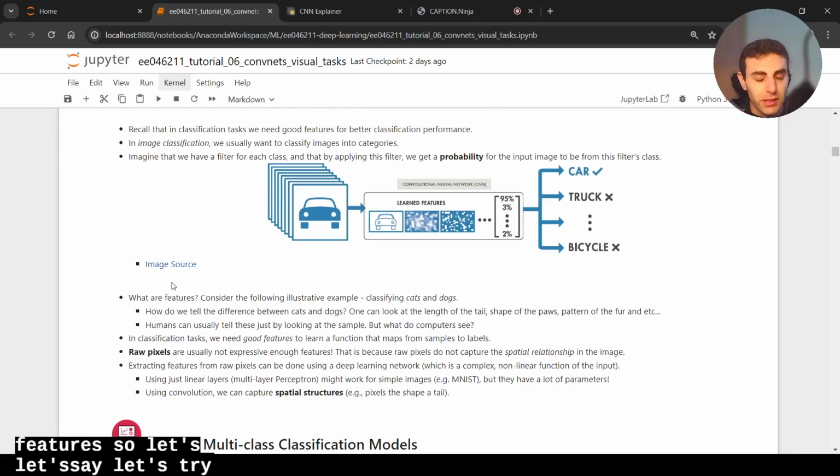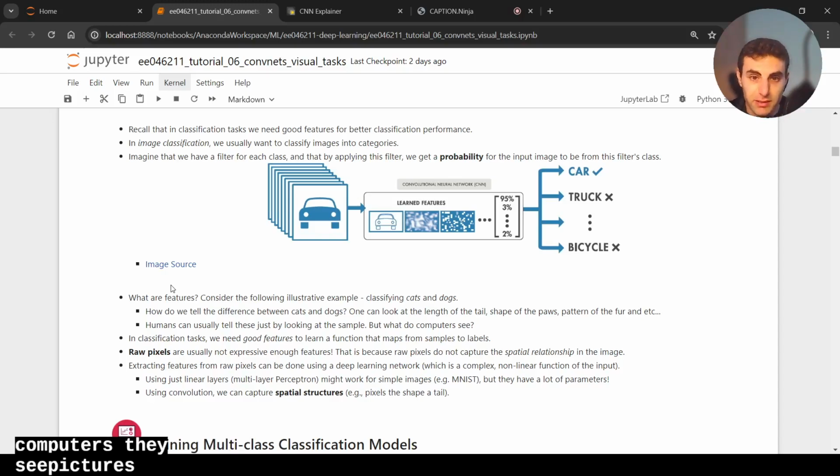So let's try to illustrate this with a cats and dogs classification example. How can we tell the difference between a cat and a dog? We as humans, we see with our eyes, and we can, for example, take a look at the shape of the paws, the length of the tail, the shape of the ears, and things like that. But computers see pixels.